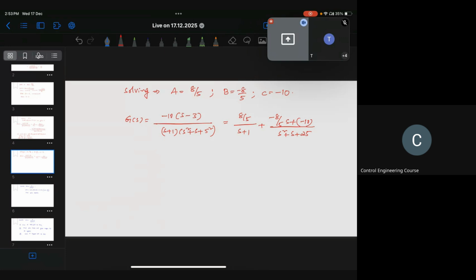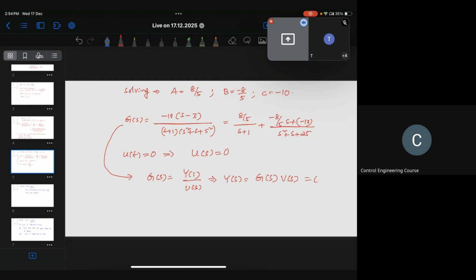That is our G(s) equation. Now we have to find the output for the given input u(t) equal to 0, so its Laplace transform is 0. Here G(s) is the transfer function Y(s) by U(s), so Y(s) is nothing but G(s) multiplied by U(s).